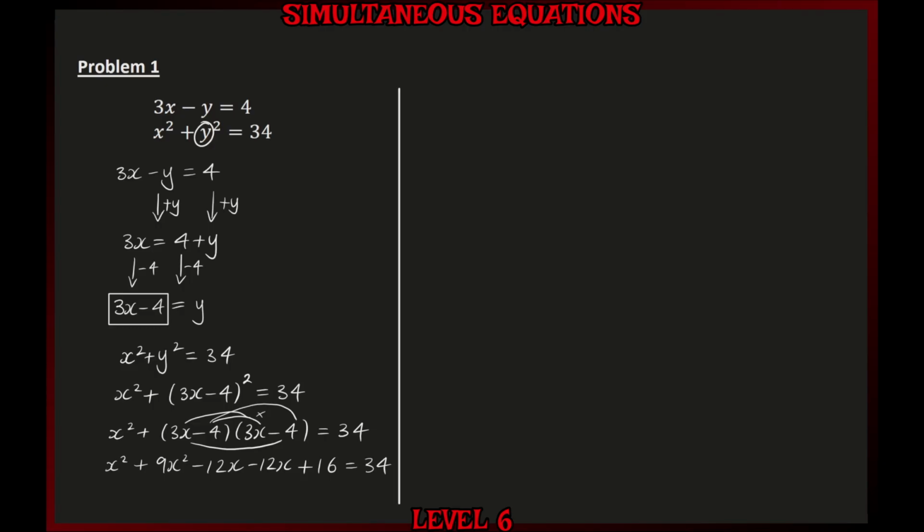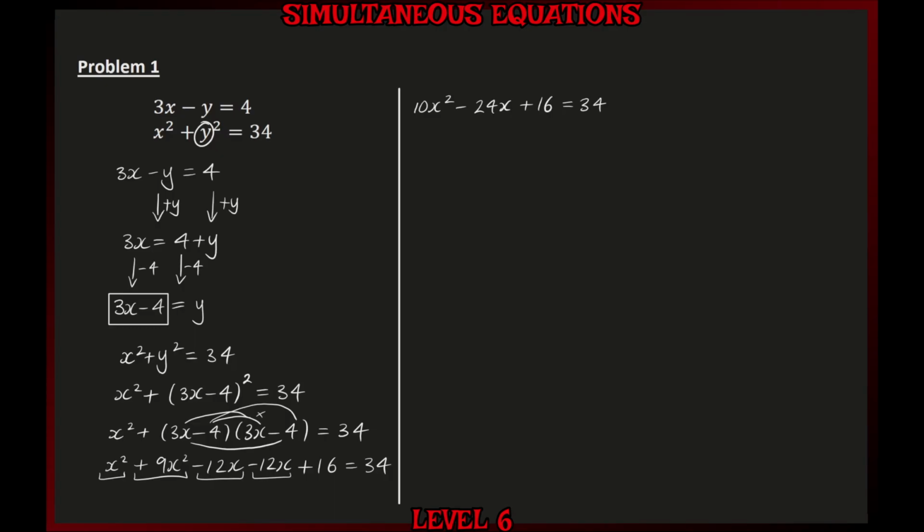We can now simplify the left-hand side of the equation by collecting together the like terms. So we have an x squared plus 9x squared, which gives us 10x squared, minus 12x minus 12x is minus 24x, and we still have a plus 16 on the left and an equals 34 on the right.